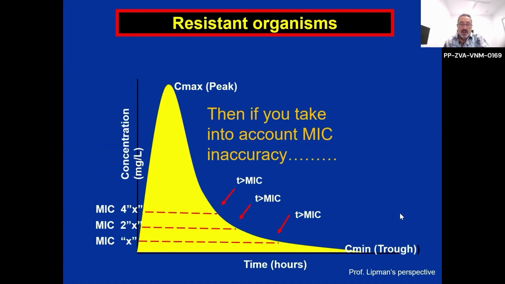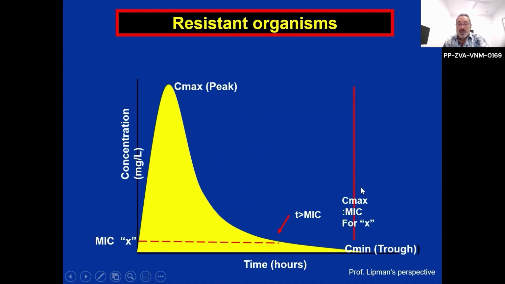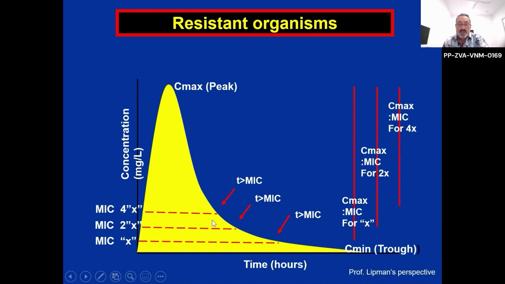So if you look at the slide over here, those are the time above MIC and the decreasing time above MIC for increasing MICs, in other words, resistant organisms. But the same thing happens with aminoglycosides. So if that's the MIC of the organism and that's time above MIC there, Cmax to MIC is that as the organisms become resistant, time above MIC drops and Cmax to MIC also drops.